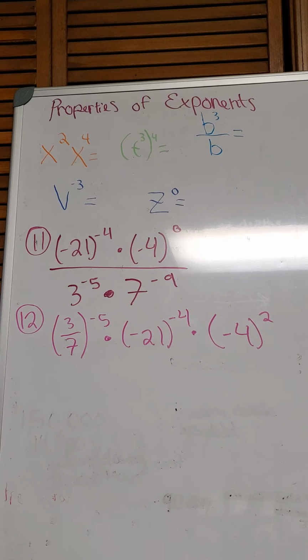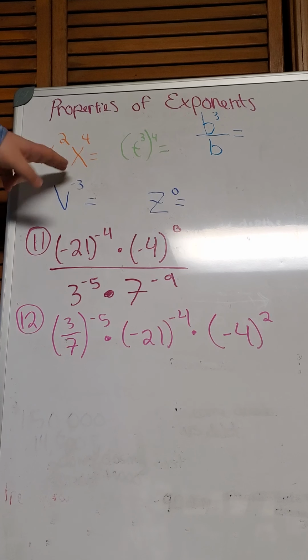So up on the board in these multiple different colors, I just have the properties of exponents, so I'm just going to go through what these would equal. Now, for this first one in orange, x is the base, okay? The exponent is the little number, right? So 2 and 4. Whenever I have same bases being multiplied, so x next to x, we don't write a multiplication symbol in between these, but those are both being multiplied.